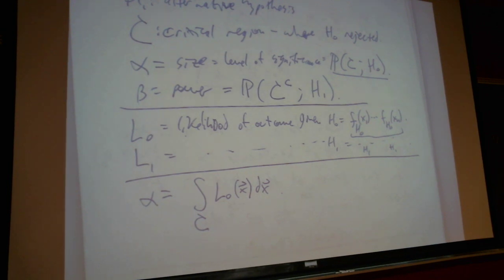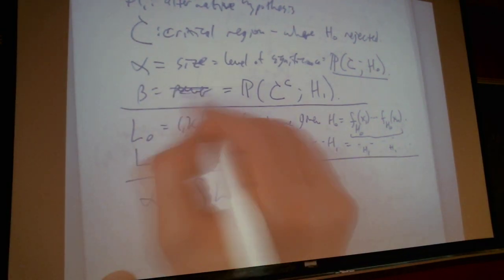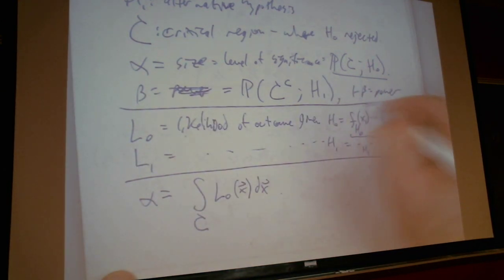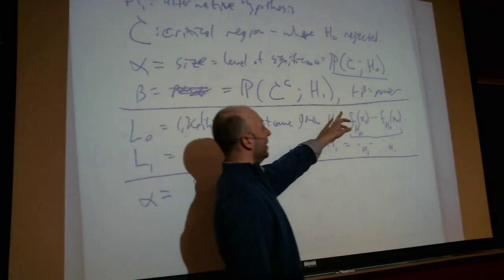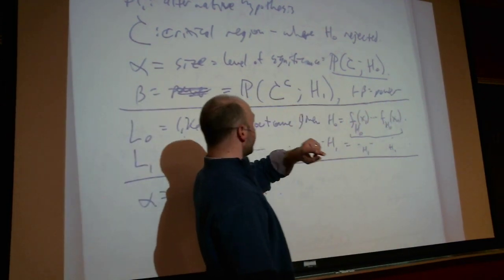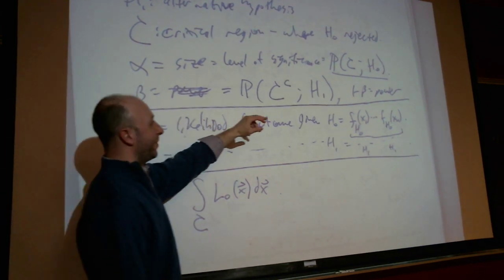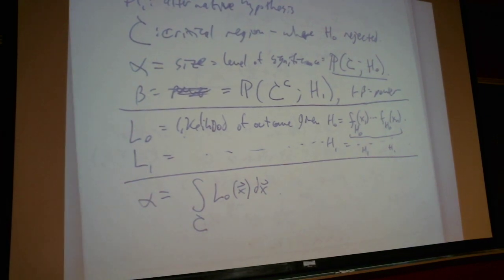Actually, I take that back before. Power is 1 minus beta, exactly. Beta is this. 1 minus beta is what we will call the power. And we'll do the power function today, where you'll see exactly why you want this function for power. There's a simple function of beta which gives you the power. Okay, that's alpha.